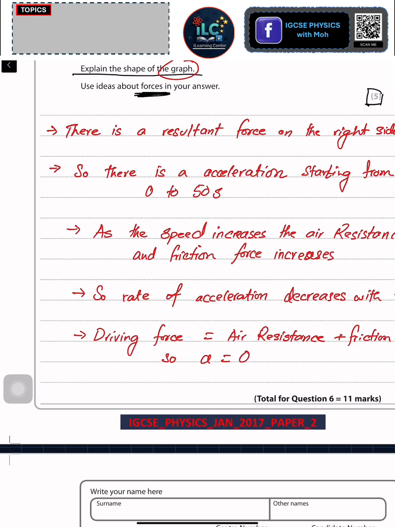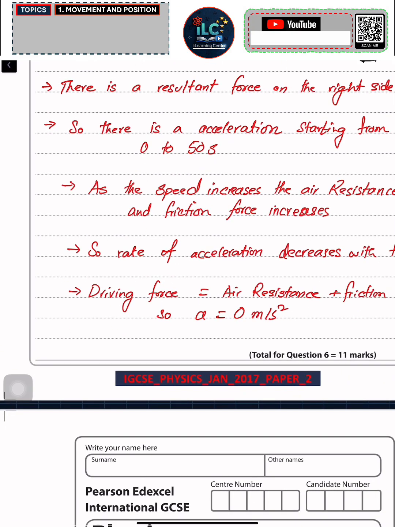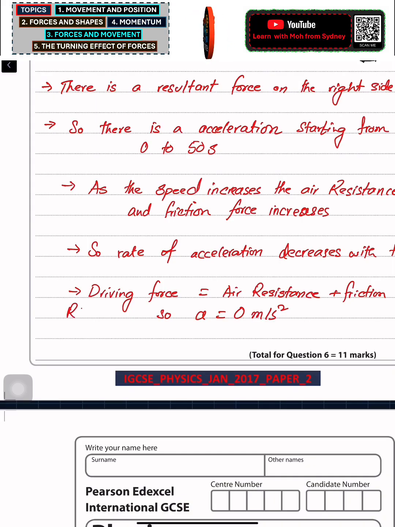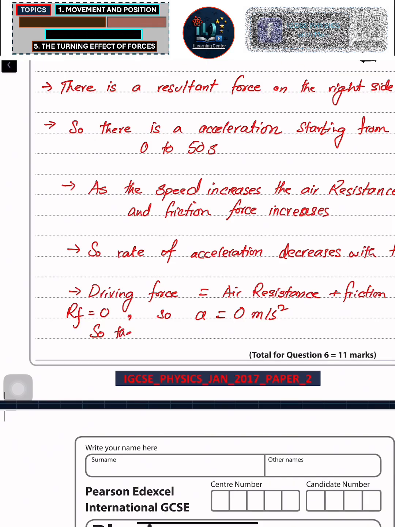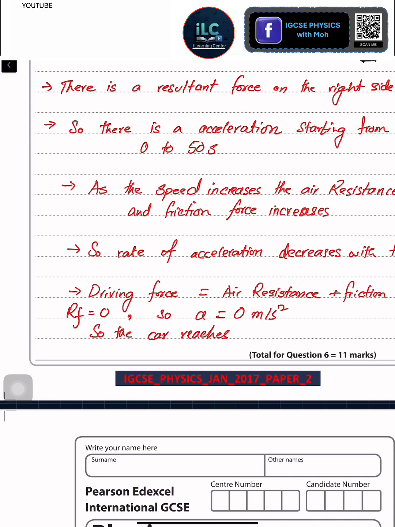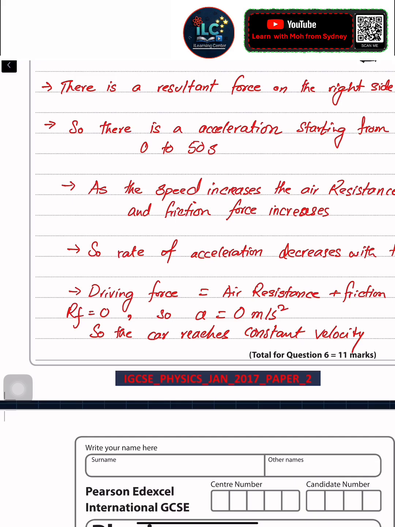Of course, I'm just writing it so you understand, but make sure you write in words. Therefore, resultant force is 0, so acceleration is 0. So the car reaches constant velocity after 50 seconds.